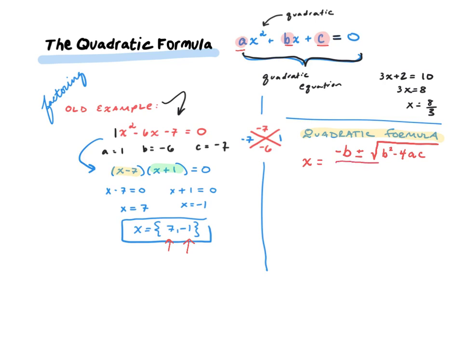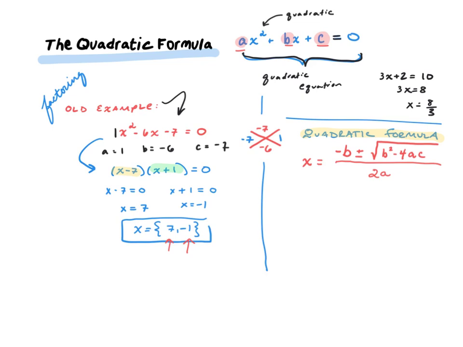And then that's all over 2 times whatever a is. That formula gives you the answers to a quadratic equation equal to 0 every time. Isn't that nice? You don't have to remember all the different ways to factor a quadratic. It's pretty cool. And all you need to do is plug in a, b, and c.